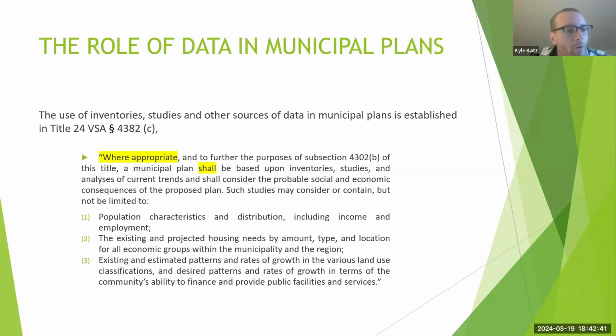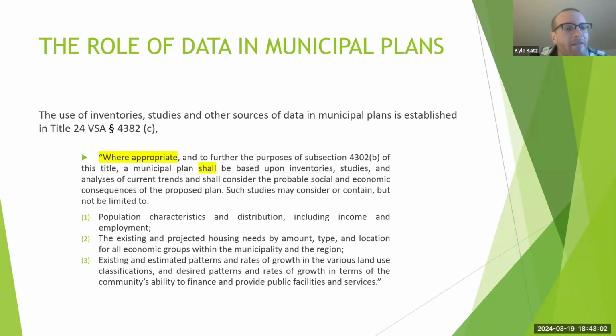Where appropriate, and to further the purposes of subsection 4302B of this title, a municipal plan shall be based upon inventories, studies, and analyses of current trends and shall consider the probable social and economic consequences of the proposed plan.